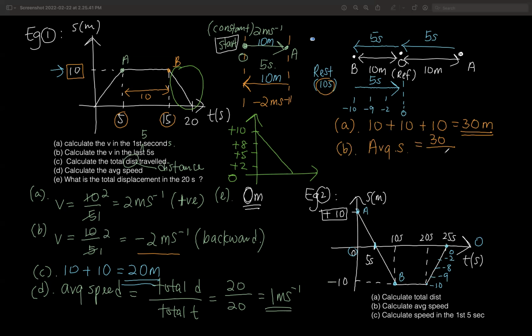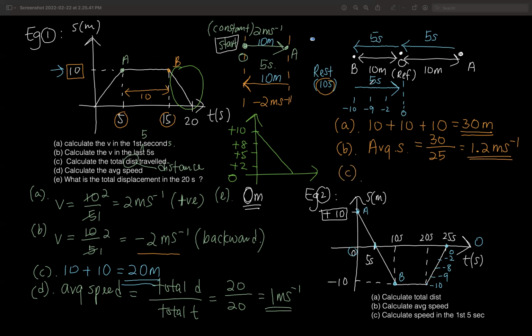So the average speed, you need to add it, divided by 25. Okay, 10, 20, 25. Okay, so since it is speed, I do not need to worry about the sign. Okay, C.